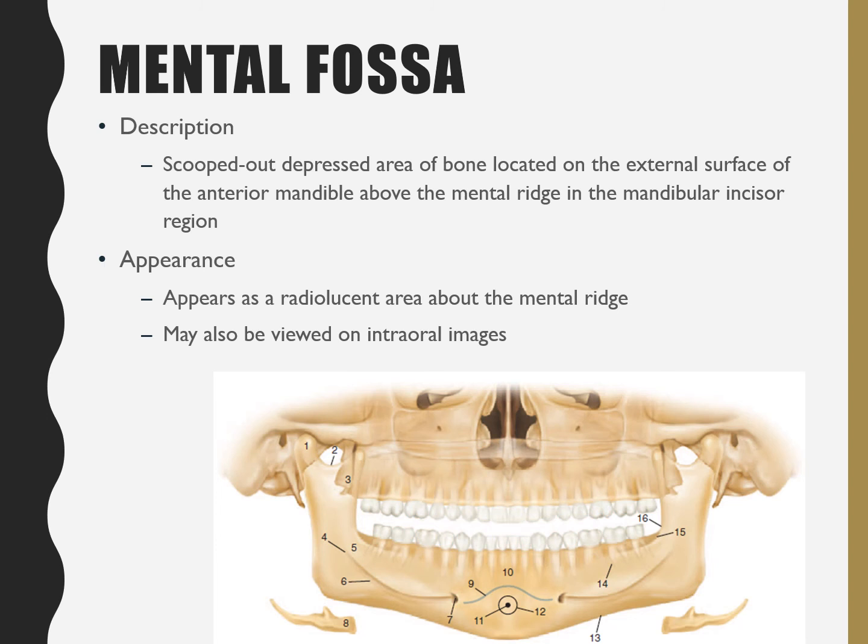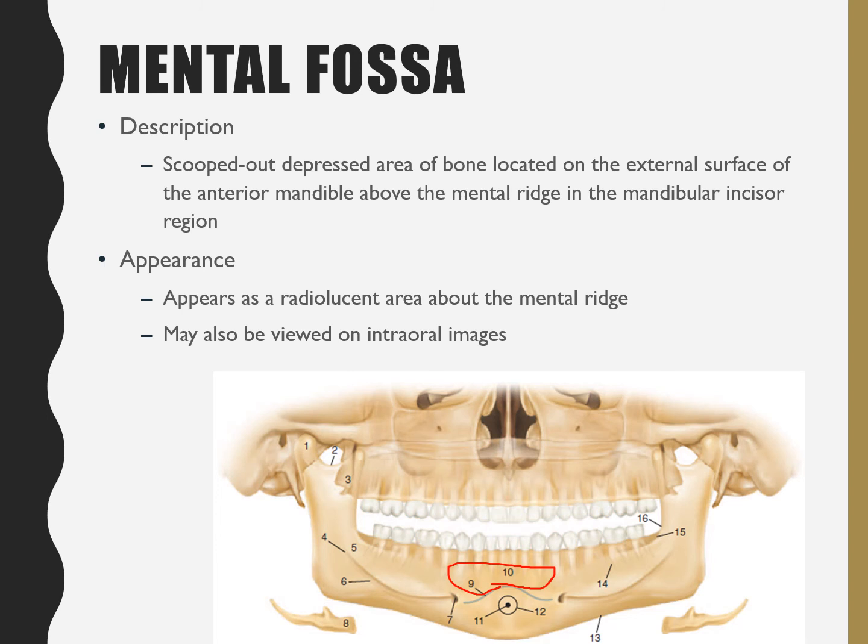The mental fossa, of course, is number 10 here. You can see it right above the mental ridge, and it is a scooped out, depressed area of bone located on the external surface of the anterior mandible above the mental ridge in the mandibular incisor region. It appears as a radiolucent area; this whole area up here will appear radiolucent above the mental ridge. You can also see it on your intraoral images.